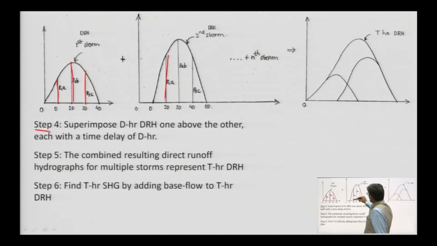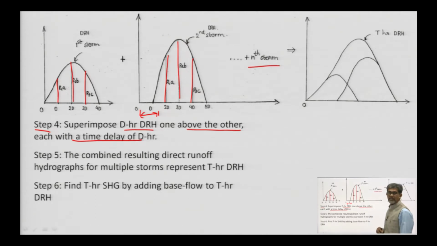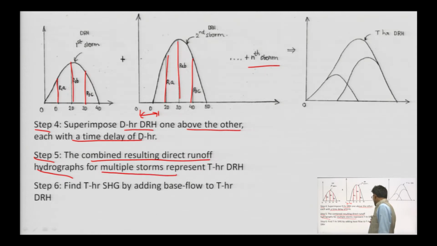Similarly, for storm 2, every ordinate has been multiplied by the corresponding runoff, R2, and likewise for R3. Superimpose the DRHs one above the other, each with a time delay of D. So, after every D hour duration, we add n number of stamps. Next, step 5: the combined resulting direct runoff hydrograph for multiple stamps represents the TR-DRH.